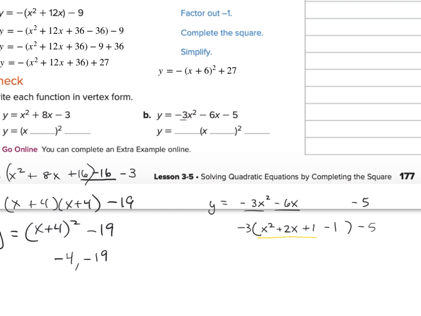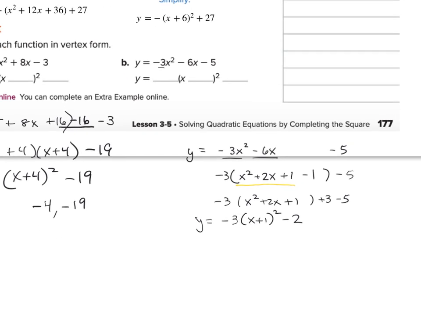So negative 1 times negative 3 is going to be positive 3, minus 5, and then I end up with x squared plus 2x plus 1, and that would be negative 3 times x plus 1 squared minus 2. There you go, that would be my solution there, and I see that my vertex again is going to be negative 1, negative 2.